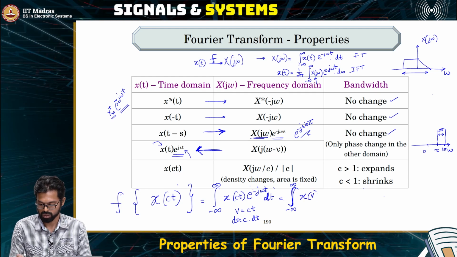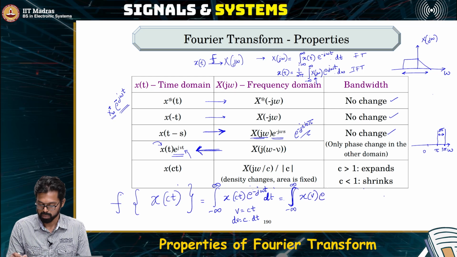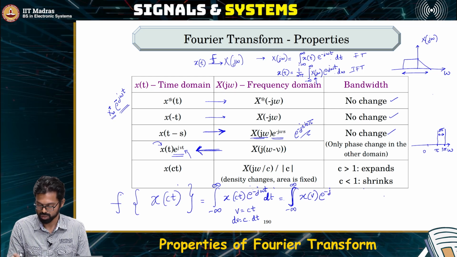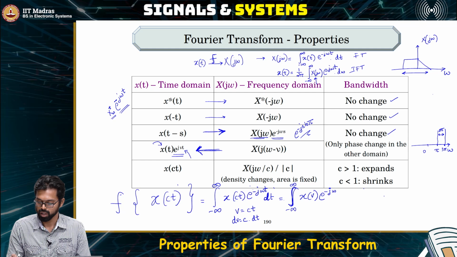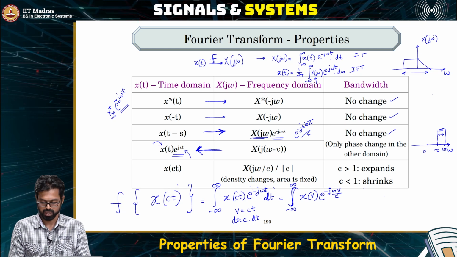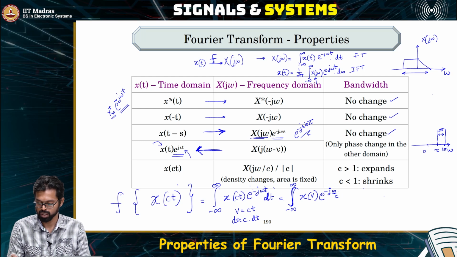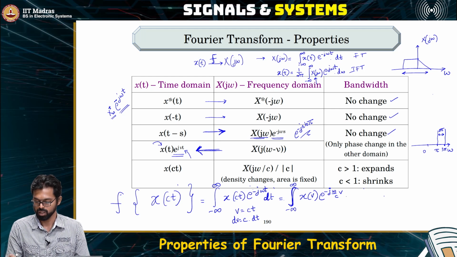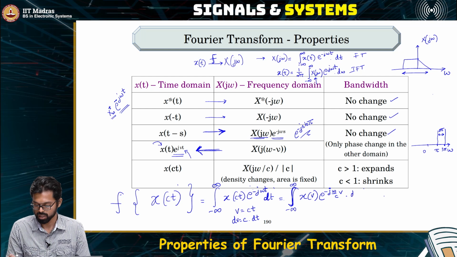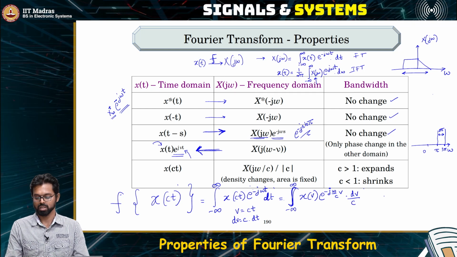We have x of v e power minus j omega, here v divided by c, or in other words omega divided by c times v, and dt is dv divided by c.